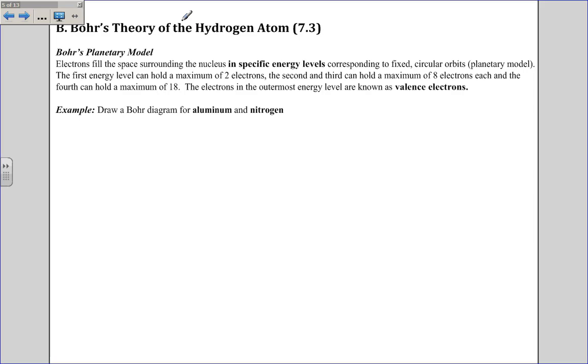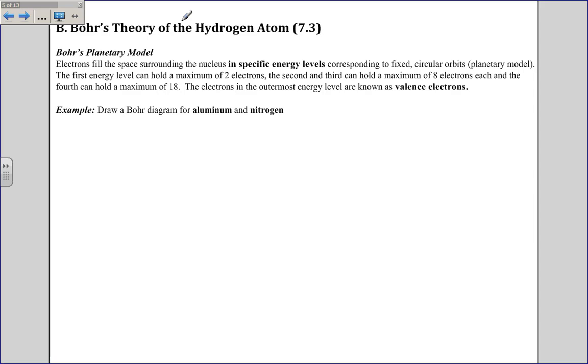We can hold 2 in the first energy level, 8 in the second and the third, okay? And the fourth is a maximum of 18. Now what you're going to see when we look at the new model is that there are some flaws even with the number of electrons that we're designating to be the maximum. And we'll investigate that later.